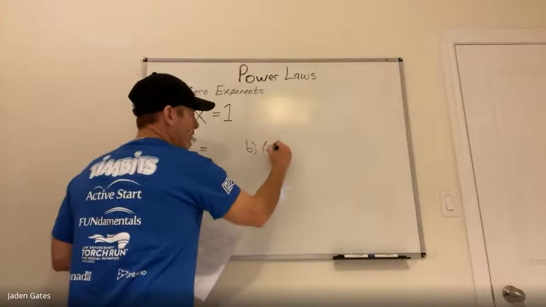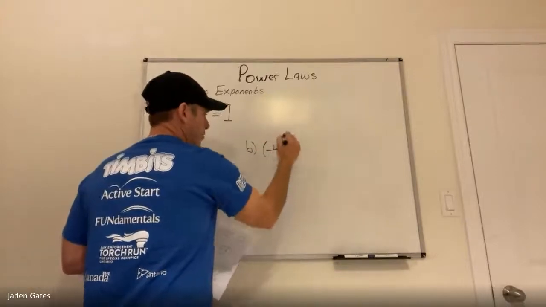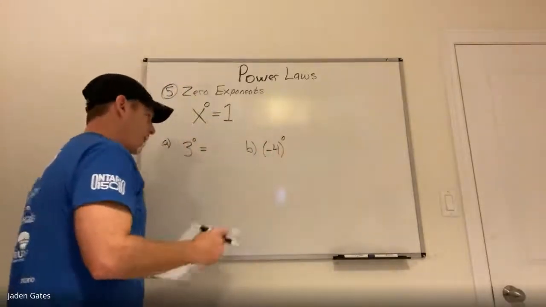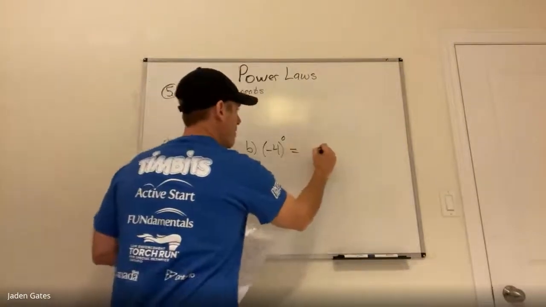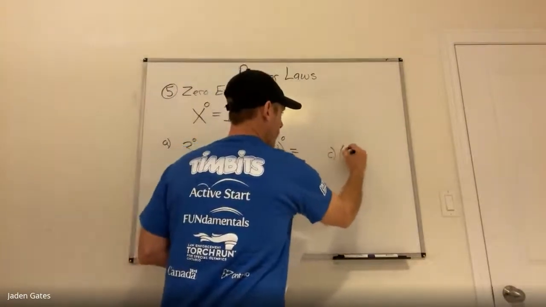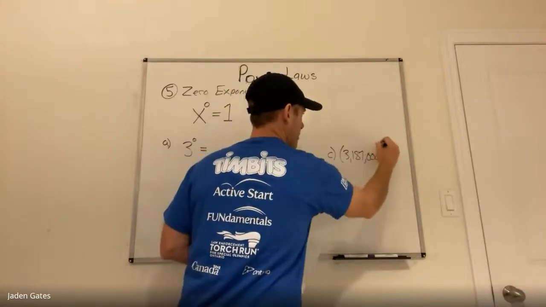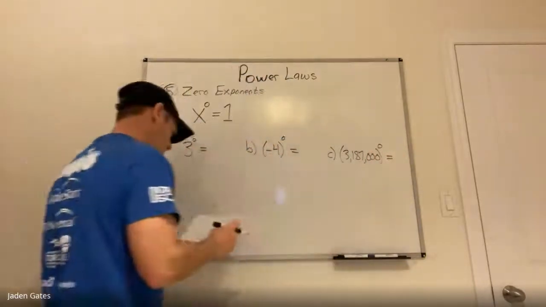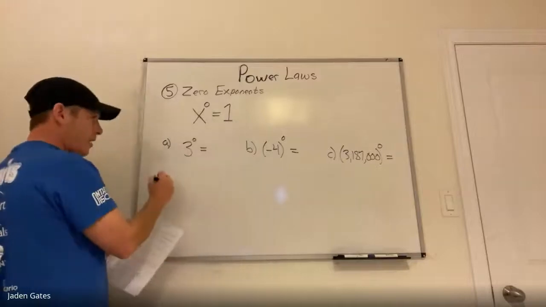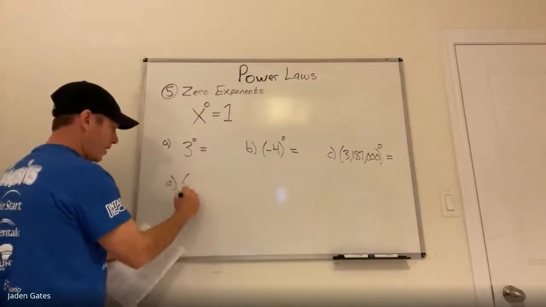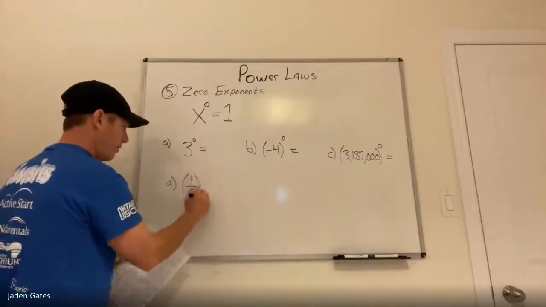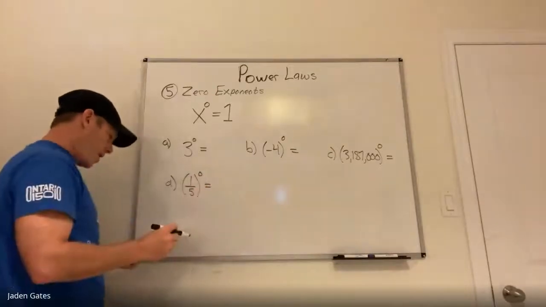We could have a negative base, like -4 to the power of 0. We could have a massive number, like 3,187,000 to the power of 0. We could have a fraction for a base, like 1/5 to the power of 0.